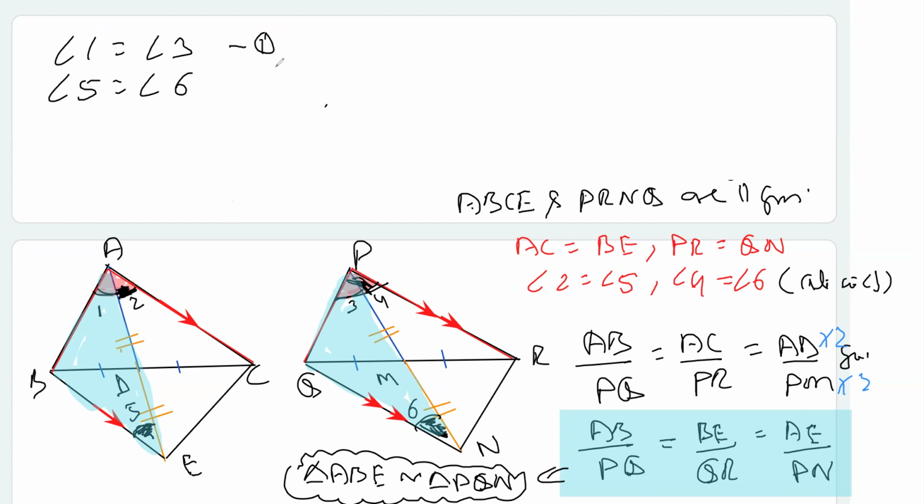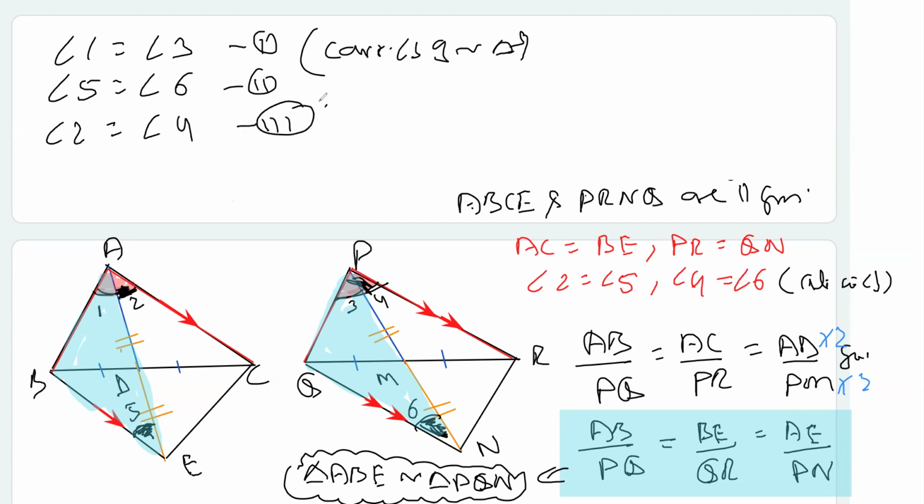So I mark this as equation 1, and let's say this is 2. And the reason, as I said, these are corresponding angles of similar triangles. Now, 5 is equal to 2, so I'll replace 5 with 2. And 6 is equal to 4, so I can replace 6 with 4 and mark it equation 3.